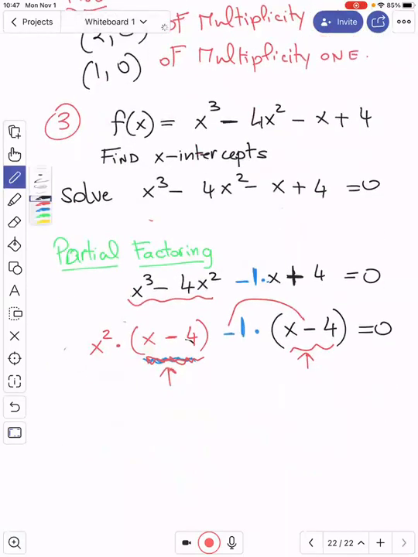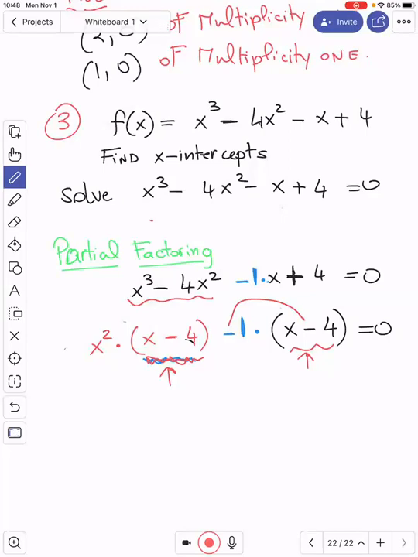Once you have x minus 4 as a common factor, then you can factor it out. Professor, I have a question. Yes, please. Negative 1 times negative 4, that's supposed to be plus, right? Yeah, that's exactly right, negative 1 times negative 4 is a positive 4. So why do you still have a negative in there?